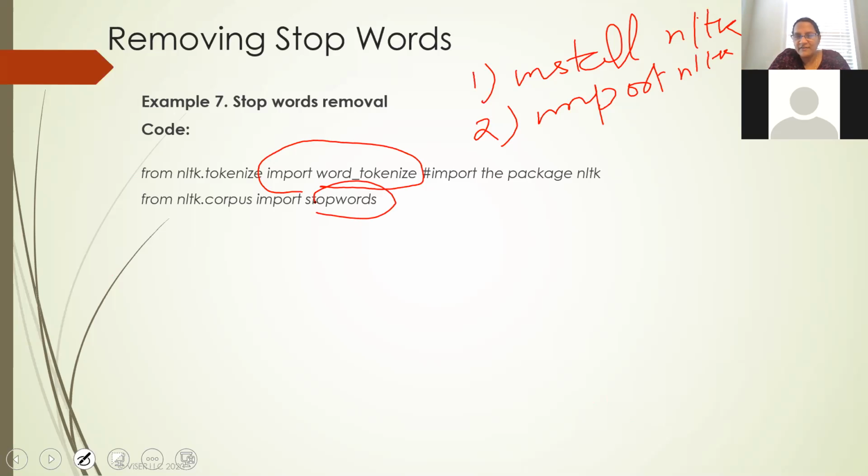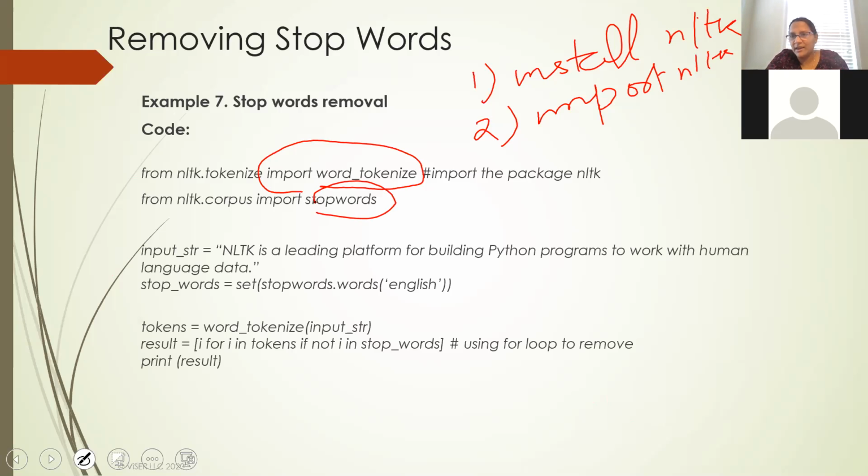So you don't have to give any stop words yourself. There is a default library in Python, which is a part of the NLTK package, and it's called stop words. You just have to match your text to that library and it will find and remove them.